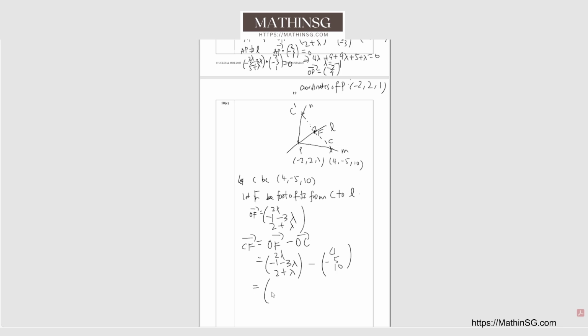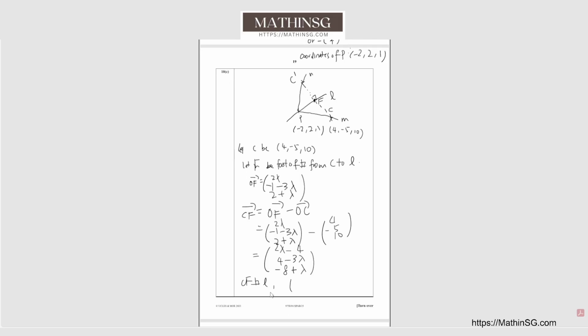So this will give us 2 lambda minus 4, 4 minus 3 lambda, minus 8 plus lambda. And I know that CF is perpendicular to L.